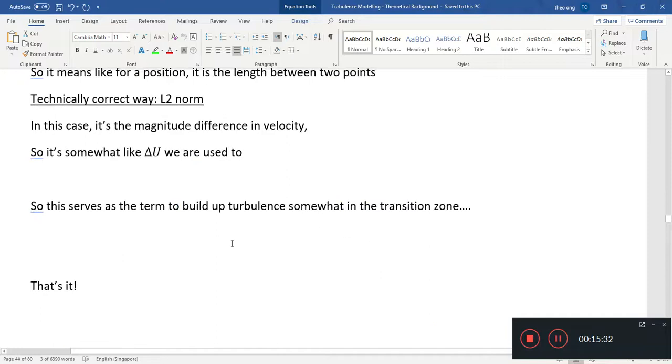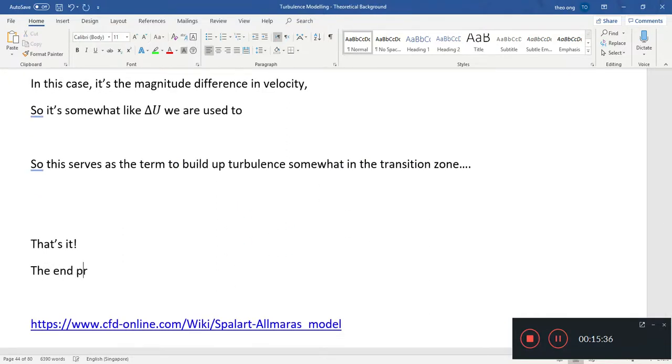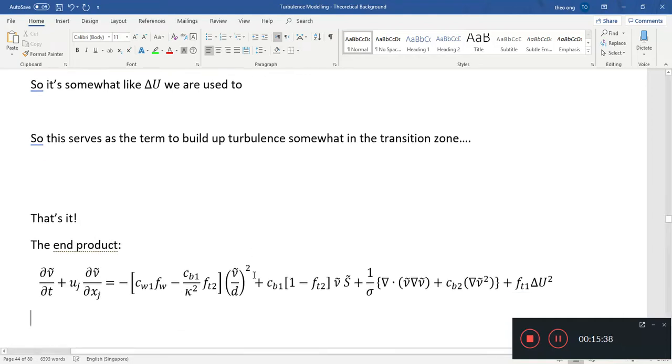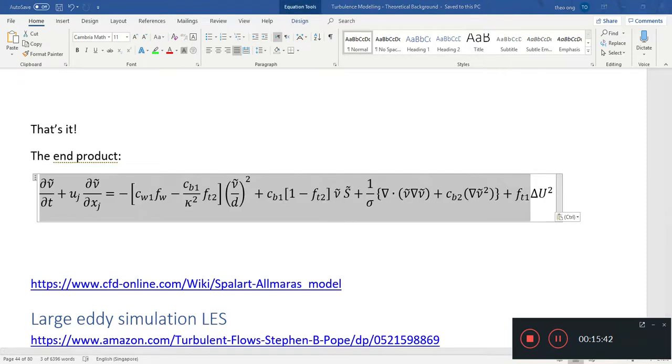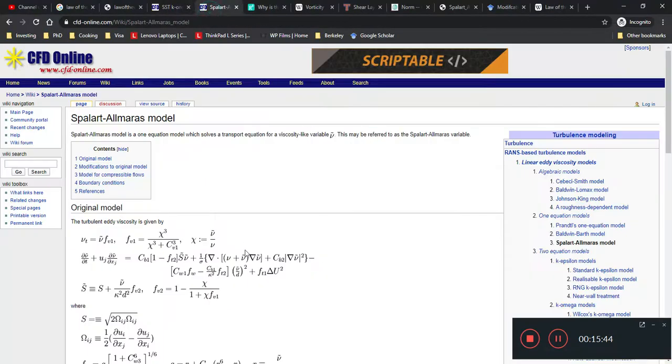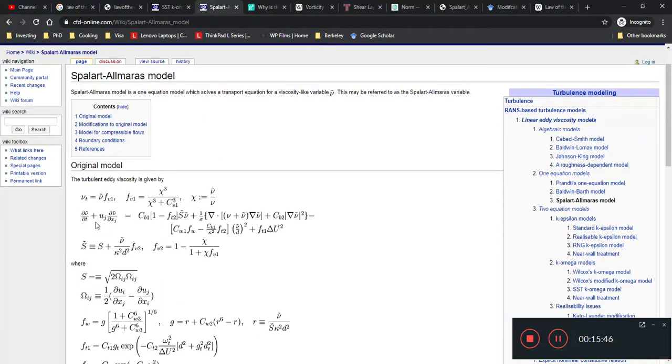So yeah, that's it. The end product is like this. Okay, the end product is like this, and if you take a look at the Spalart Allmaras model, you'll see exactly the same terms. These transport terms and the convection term and the time dependent term, the substantial derivative. You see chi again, you see FV1, you see nu t and nu tilde.